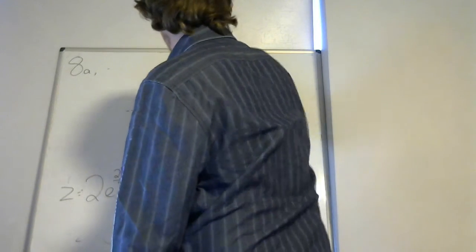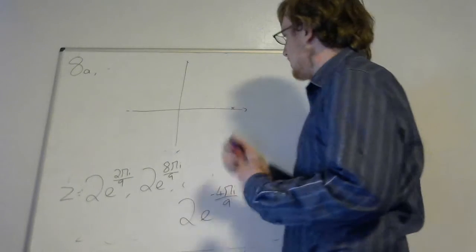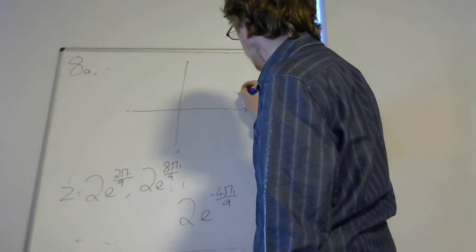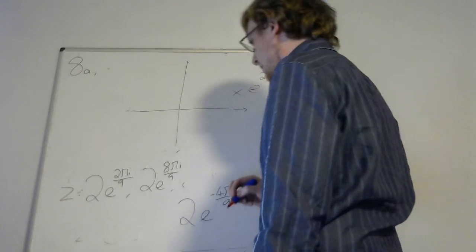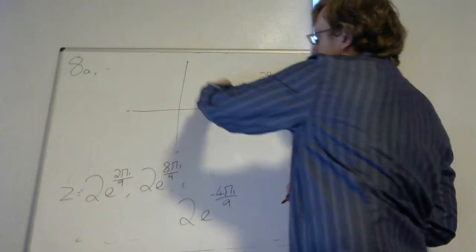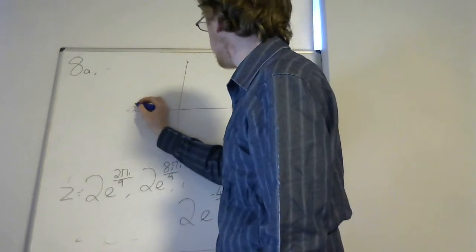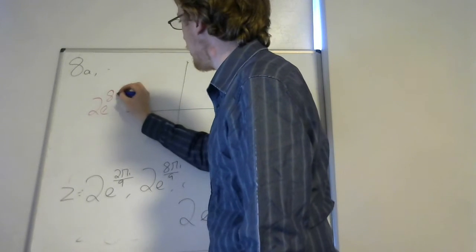So let's plot our solutions then. We've got 2e to the 2 pi i on 9. That would be about here. And then we go 6 pi i on 9 around to get us to 2e to the 8 pi i on 9.